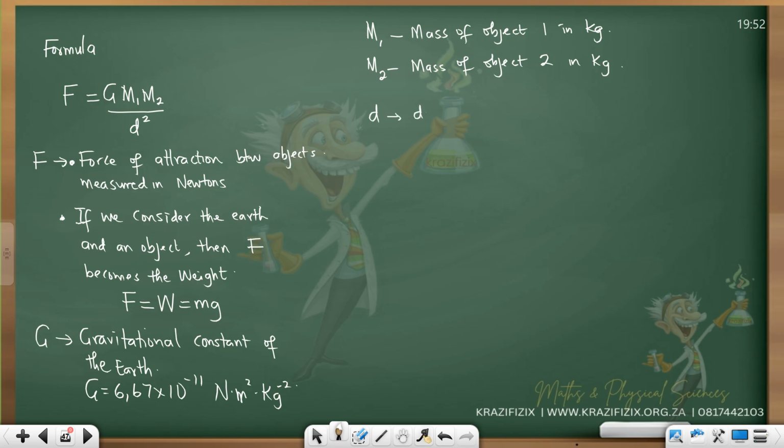D is the distance between their centers, between the centers of objects, and it is measured in meters. Please, our units are very, very important.